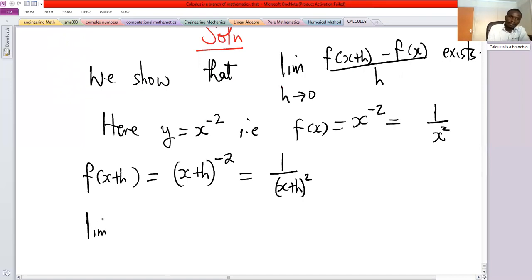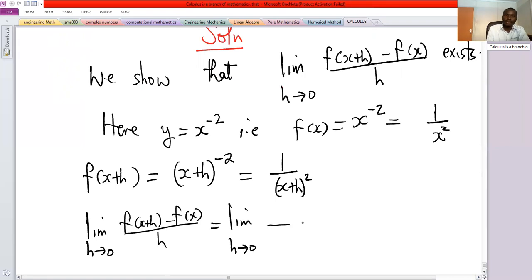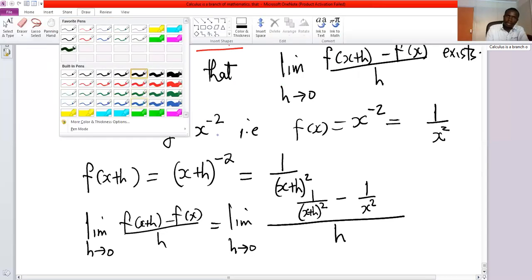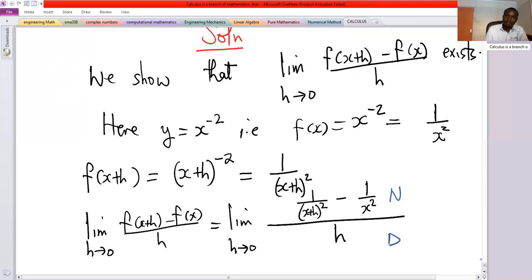So the limit as h approaches 0 of f of x plus h minus f of x over h will be the limit as h approaches 0 of 1 over x plus h squared minus 1 over x squared divided by h. So we call this the numerator and then this the denominator.